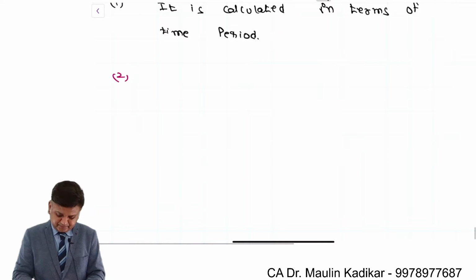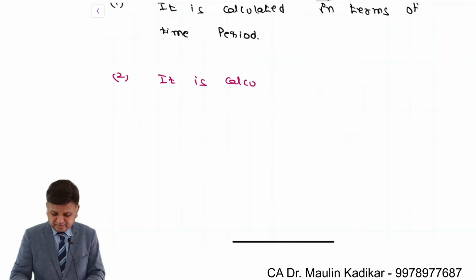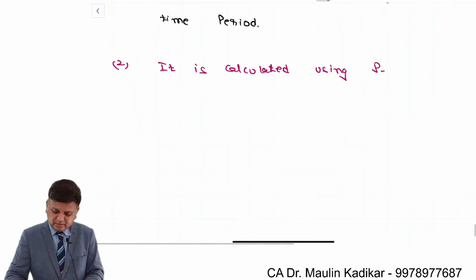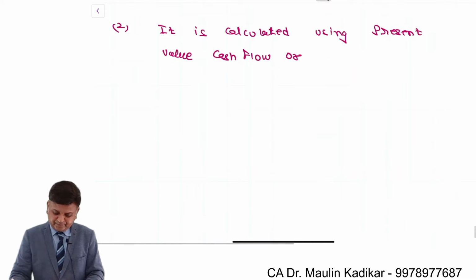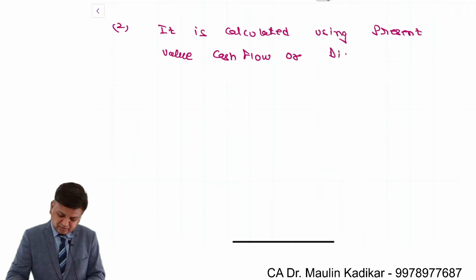Second point, it is calculated using present value cash flow or discounted cash flow.